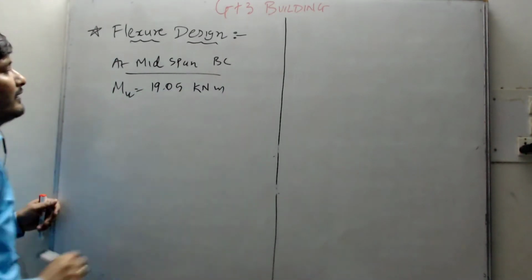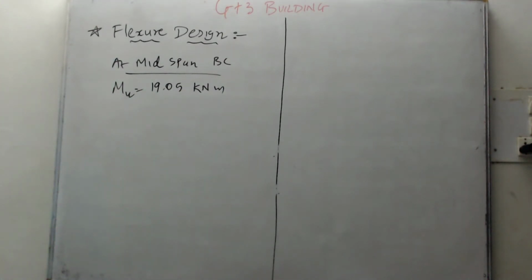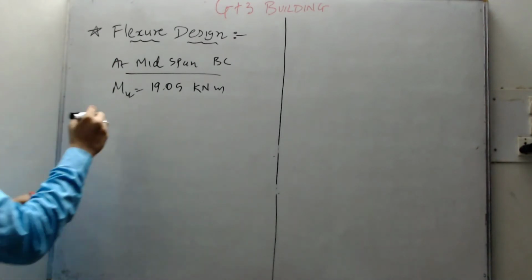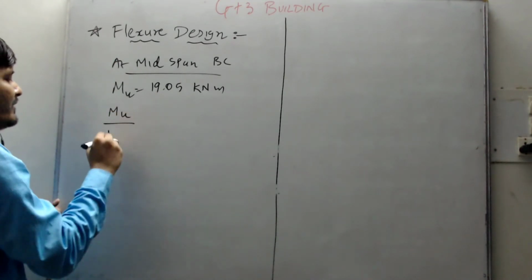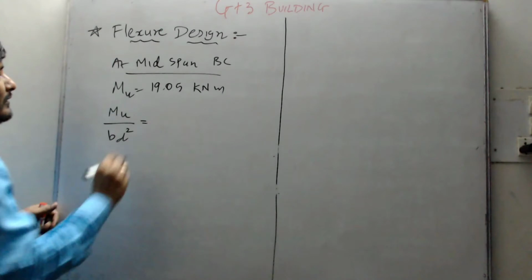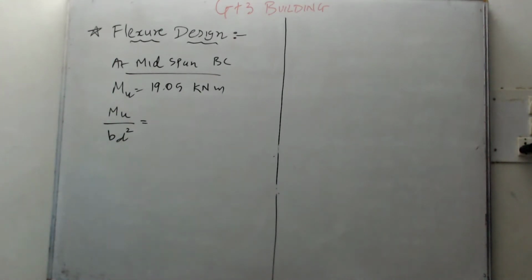Then next we need to calculate Mu divided by BD square. So here we are not calculating this Mu limiting because we know the value of Mu limiting already, 0.138 fck BD square. So here Mu is anyways less than Mu limiting. So this is again a singly reinforced beam only. So we are not checking it again.